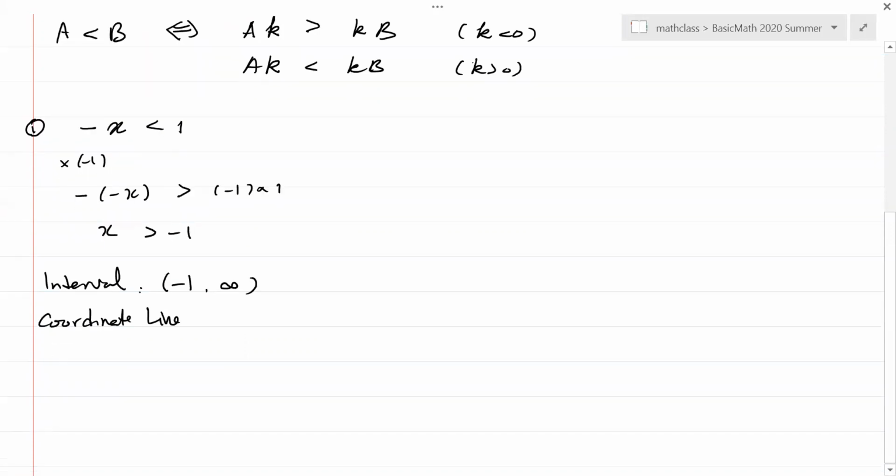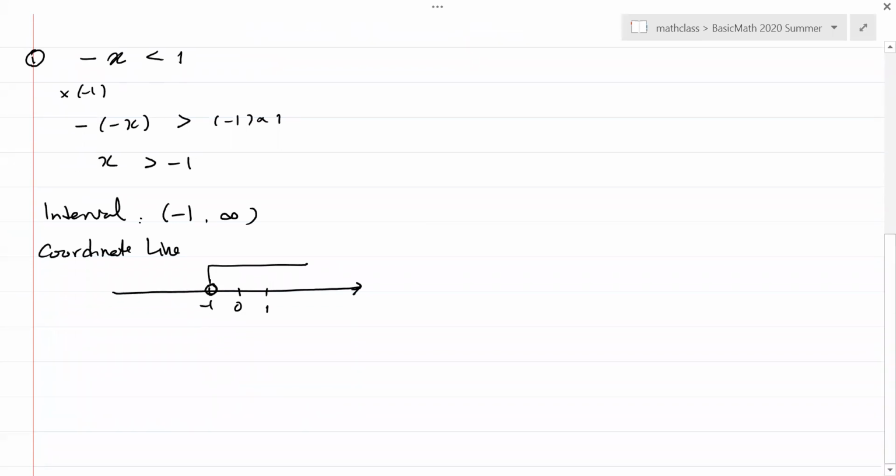A coordinate line is a line with a direction, a 0, and units. So -1 is here, but -1 is not included, so use an empty circle. This is the notation for that inequality.